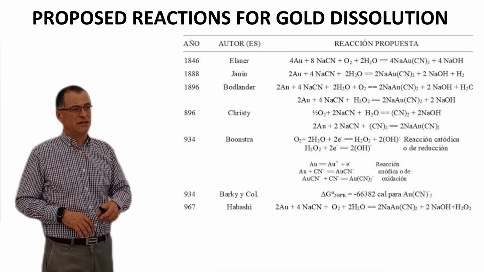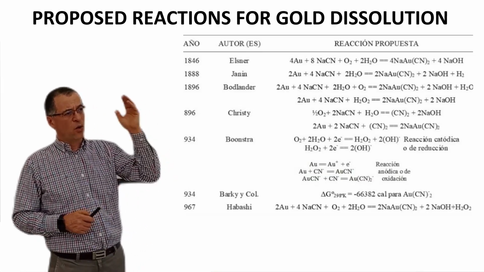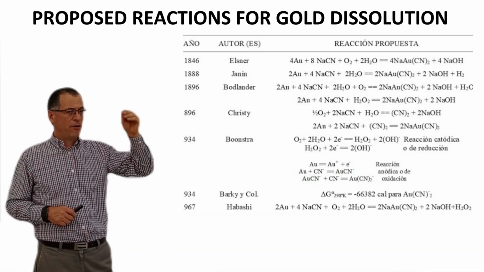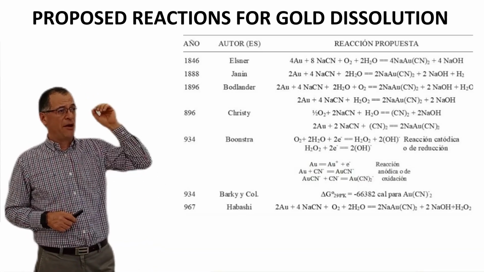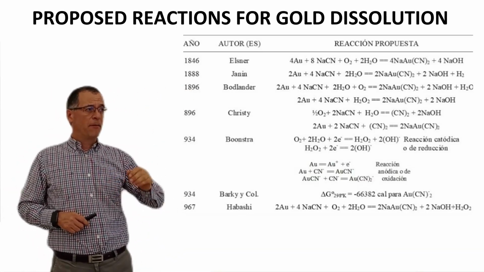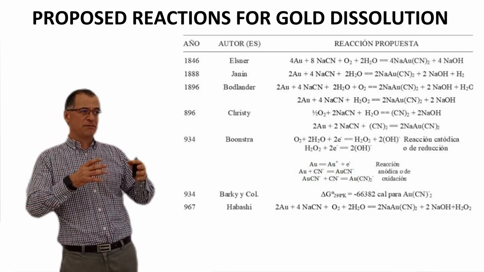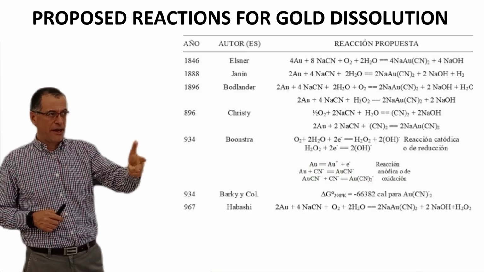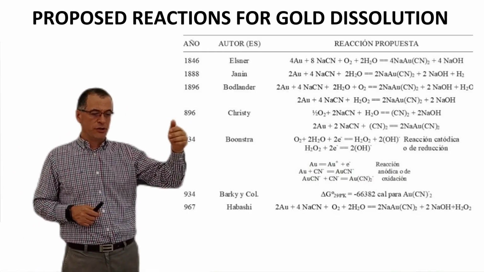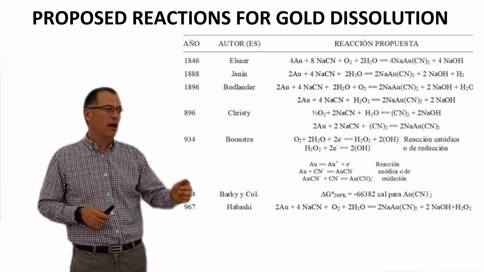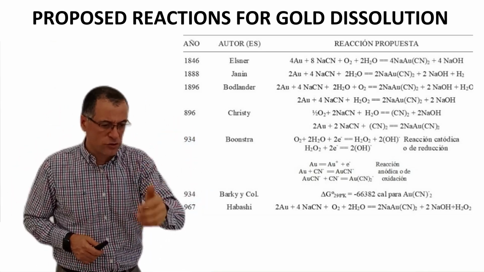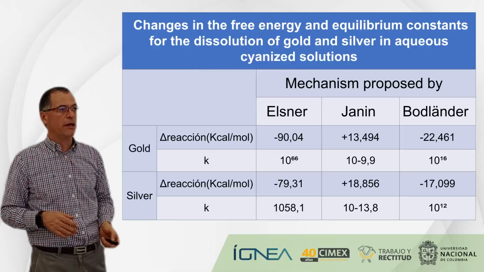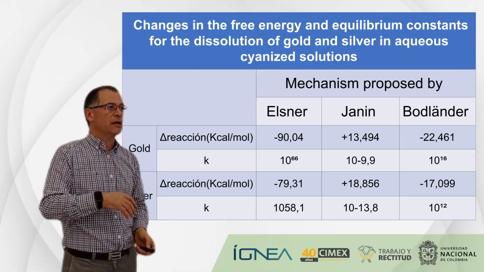The Habashi reaction is this: gold in the presence of sodium cyanide, with oxygen and with water, produces a special complex, a special molecule of sodium gold cyanide, with sodium hydroxide and hydrogen peroxide. This is the complete reaction that we accept today in order to dissolve the gold.